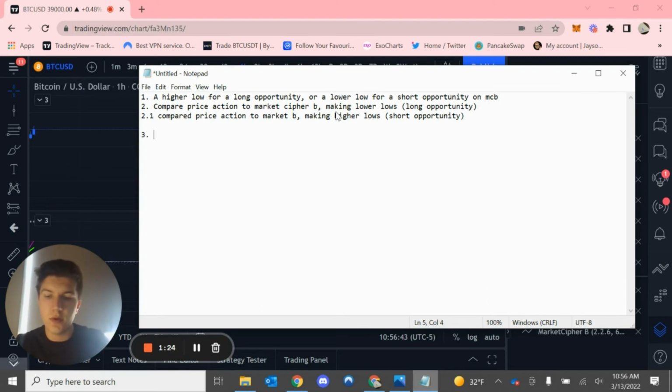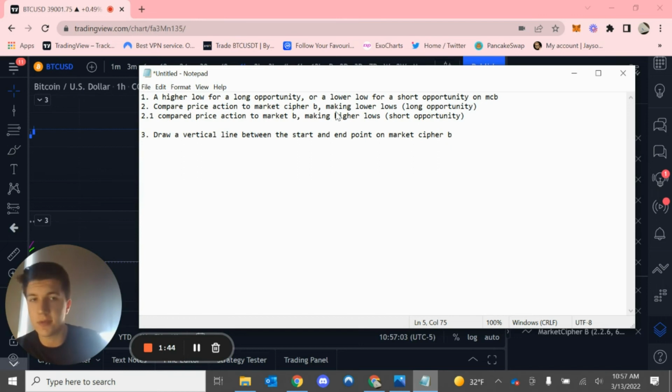Next, draw a vertical line between the start and end point on Market Cipher B, just like how I did the vertical lines.